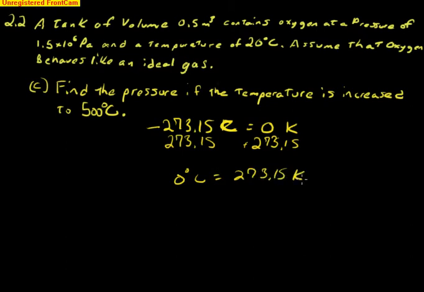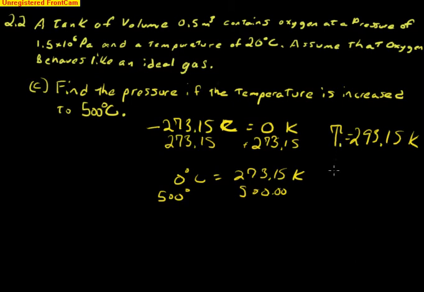273.15 Kelvin. In part A, we added 20 to get our temperature 1, since 20 degrees was obviously 20 more than this: 293.15 Kelvin. For 500 degrees Celsius, we add 500 to both sides.